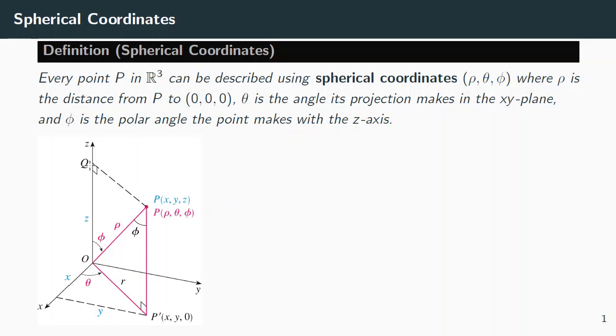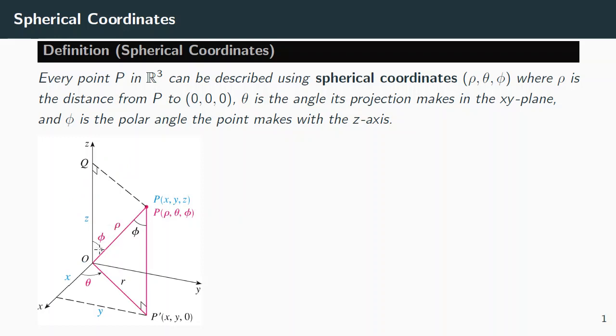There's a right triangle right here, where one of the legs is z, one of the legs is r, and the hypotenuse is rho. So the Pythagorean theorem tells you that r squared plus z squared is equal to rho squared. Of course, r squared is equal to x squared plus y squared, so it's really x squared plus y squared plus z squared equals rho squared. So there's that relationship between either x, y, z and rho, or r, z and rho.